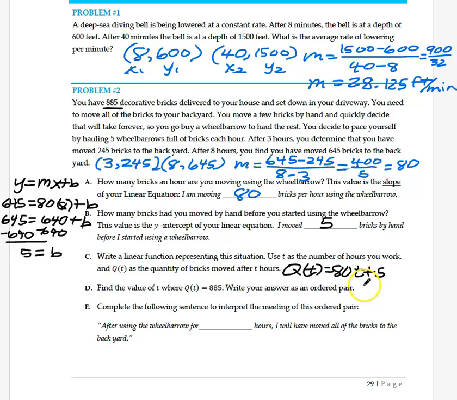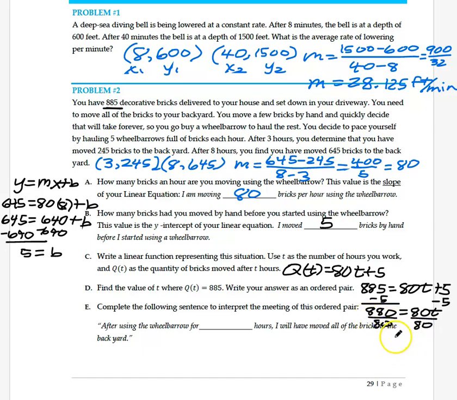So let's go ahead and put this in here. So in place of my q of t, I'm going to put 885 equals 80t plus 5. And then I need to solve this for t. Okay, so let's start by subtracting that 5 over. So I get 880 equals 80t, and then divide both sides by 80.